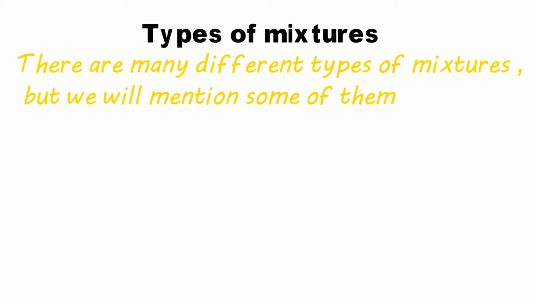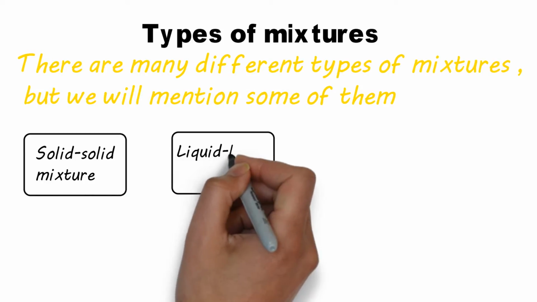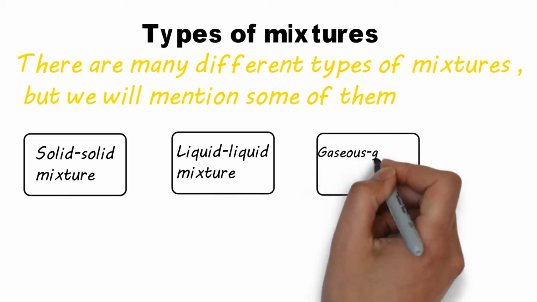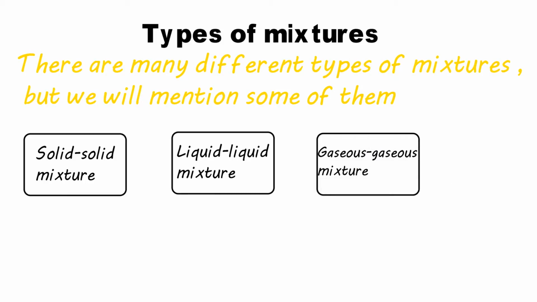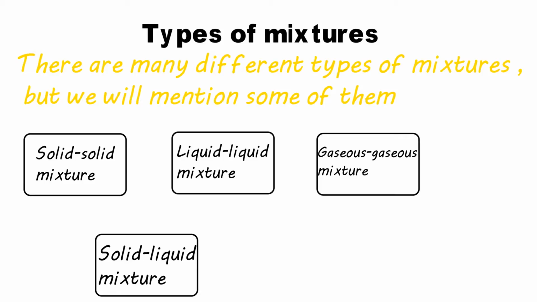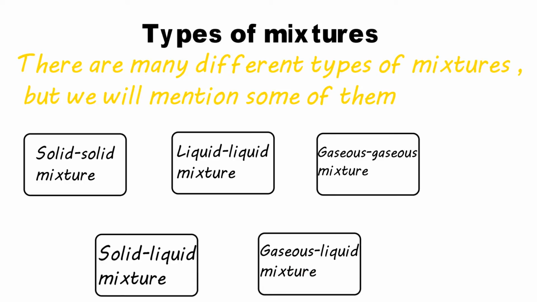The first is the solid mixture. The second is the liquid mixture. The third is the gaseous mixture. After this, we mix solid with liquid, and the fourth type is liquid with gas mixture.